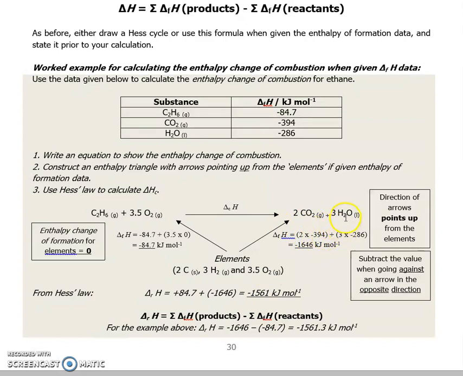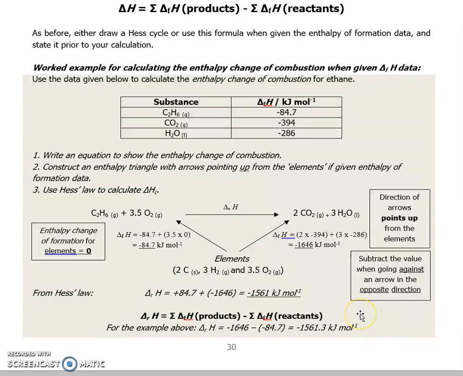We've got 3 molecules of water, that's 3 times minus 286, which gives us a grand total of minus 1646. And we're going to subtract from that the value for ethane, which is minus 84.7. There's only 1 molecule here, so we don't need to multiply. That will give you a value of minus 1561.3 kilojoules per mole.